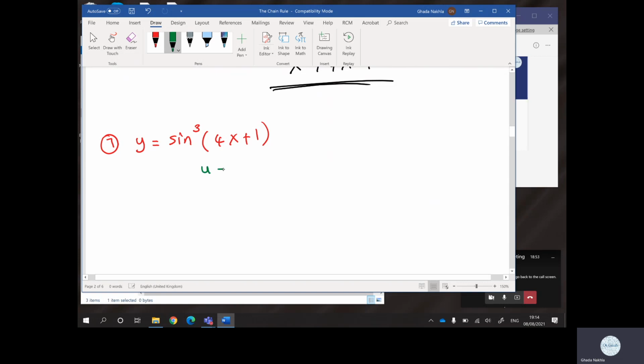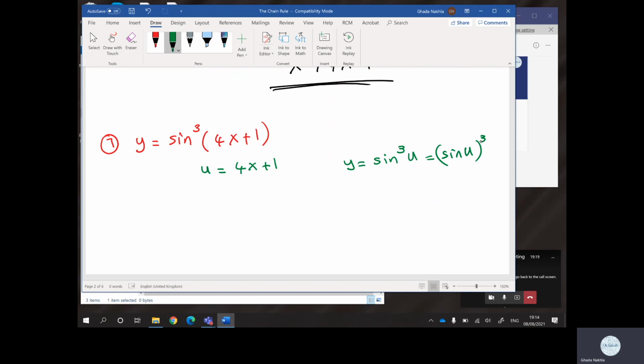So the bracket, which is 4x plus 1, is equal to u all the time. This means that y is equal to sine cubed u. This is the same as sine u all cubed. Not u cubed, the sine is being cubed. So sine u all cubed.